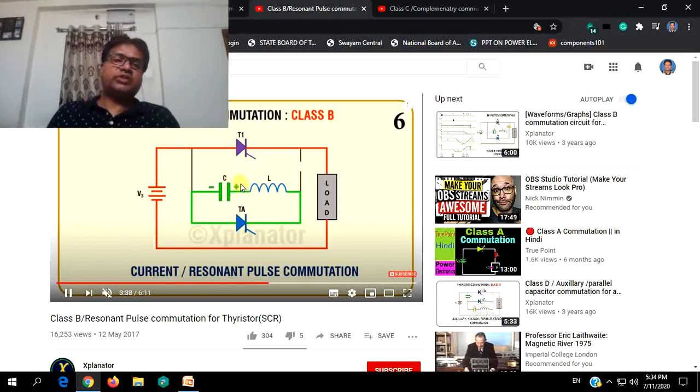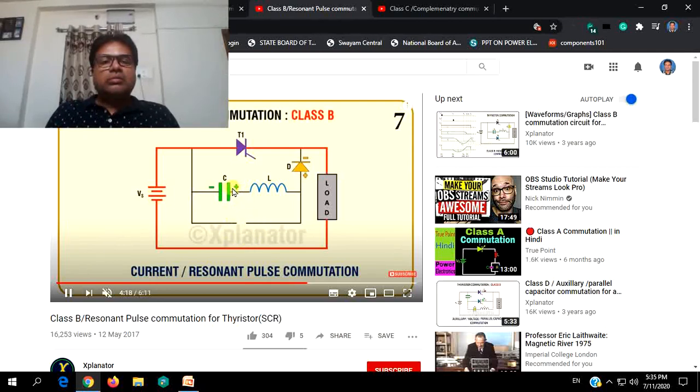At the end of the discharging, its plates get reverse polarity, where the right side plate becomes positive and the left side plate becomes negative. The load current is still flowing via the SCR. Now, as this plate has become positive, this SCR2 is reverse biased, or reverse voltage will be applied, so it will be turned off.